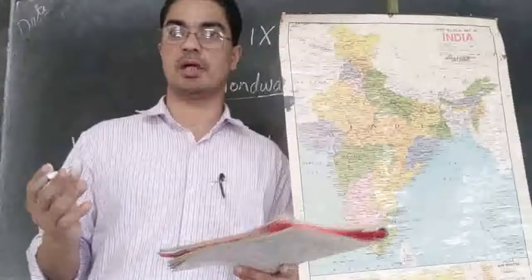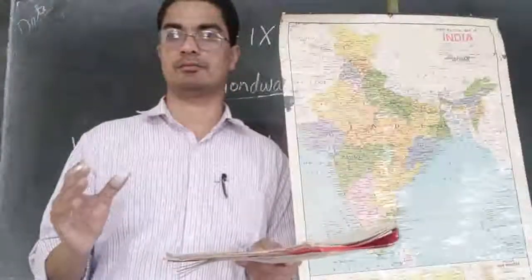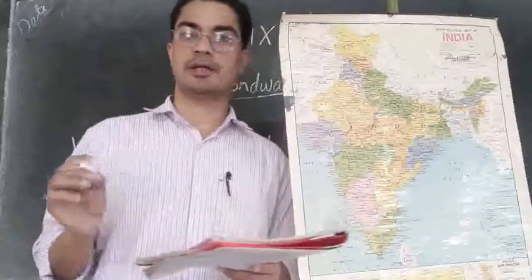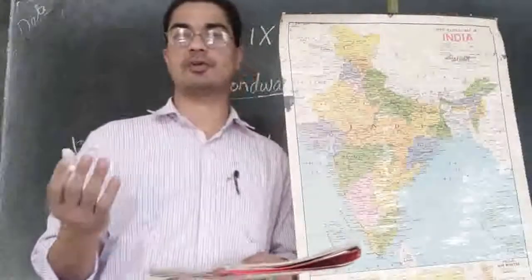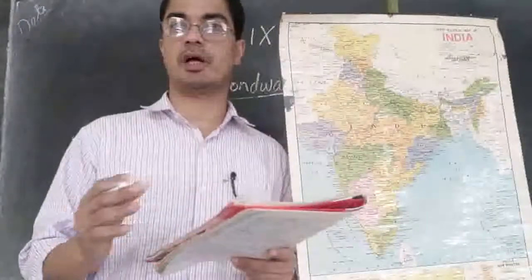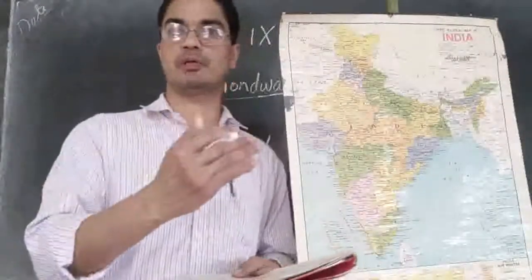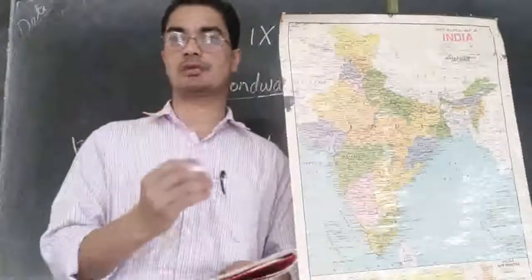And afterwards it will become cool and it will become hard. So that is called igneous rocks. The rocks that are formed out of volcanoes and then cool down and become very hard rocks. So in the Peninsula Plateau, the rocks are so hard because they are igneous rocks.